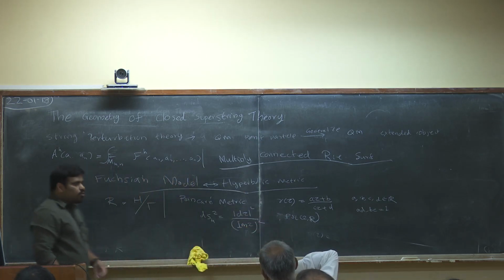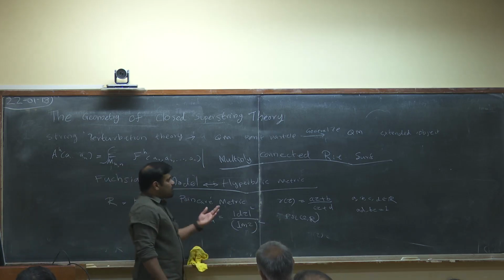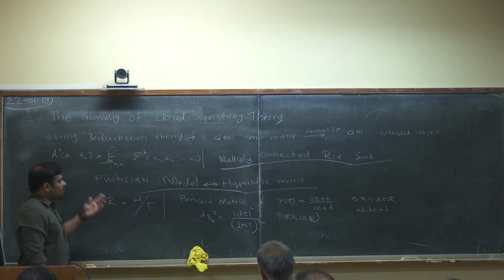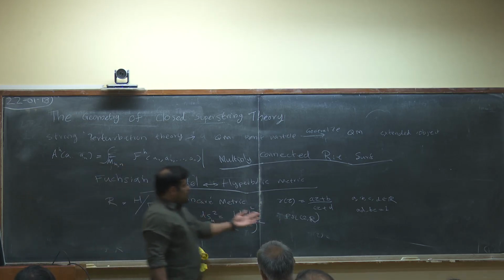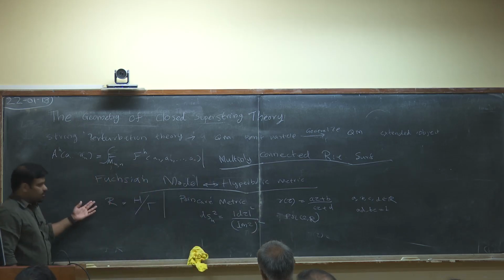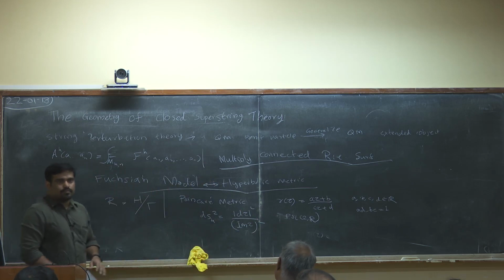Now what the Fuchsian uniformization theorem states is the following. If the Riemann surface is not an exceptional Riemann surface, then you can always find a subgroup of PSL(2,R) that generates the Riemann surface R from the upper half plane by using the idea of covering transformations.